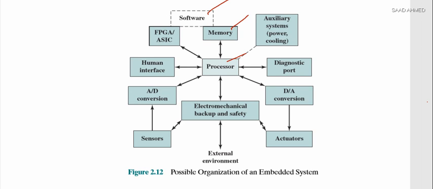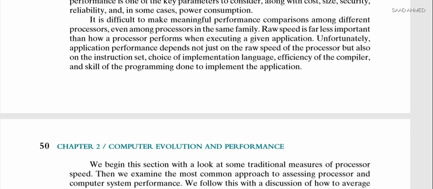They can have a human interface, AD conversion, sensors, actuators, DA converters, diagnostic ports, and auxiliary systems for power and cooling, and some external environment which is sending and receiving data, and maybe operating some other mechanical devices. So this is the basic architecture, the basic design.